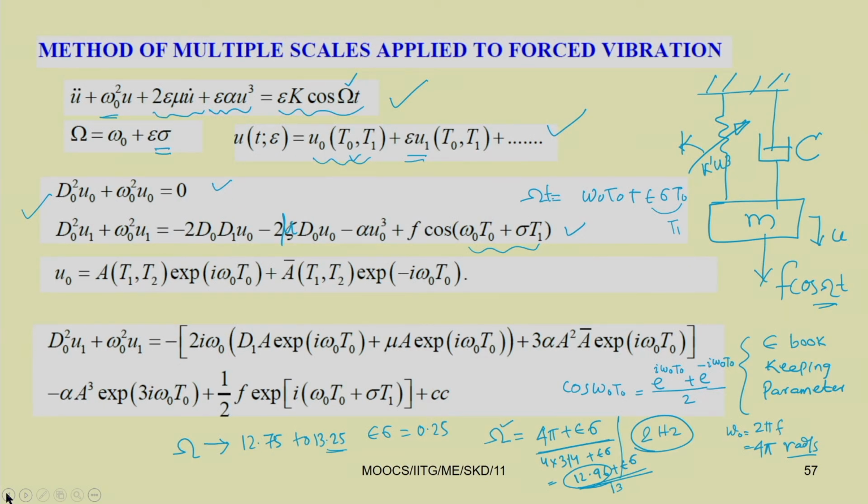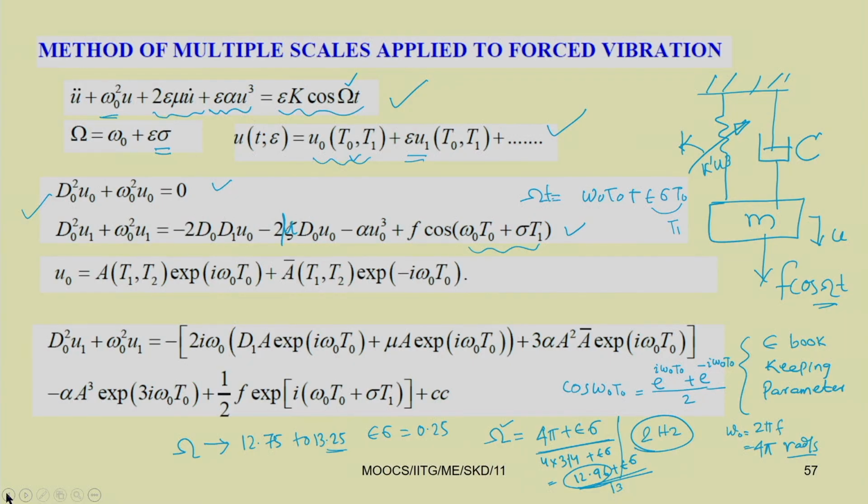Using that, e to the power minus i theta equals cos theta minus i sin theta. Adding these two, e to the power i theta plus e to the power minus i theta becomes 2 cos theta. So cos theta becomes e to the power i theta plus e to the power minus i theta by 2.